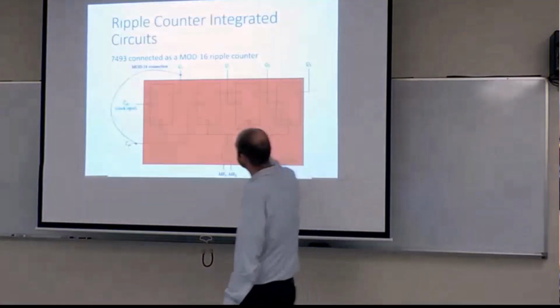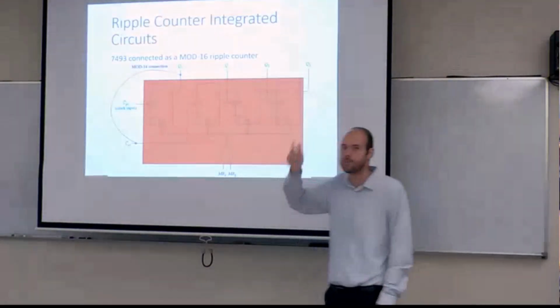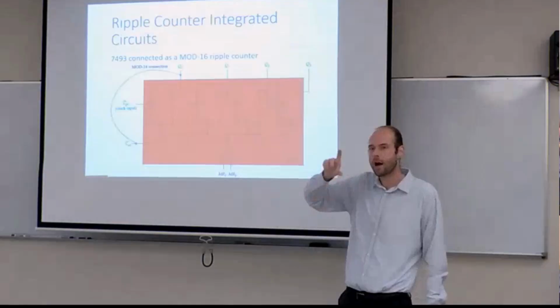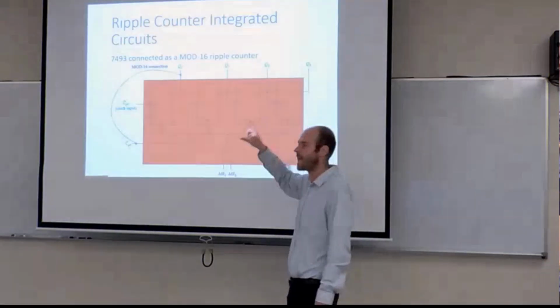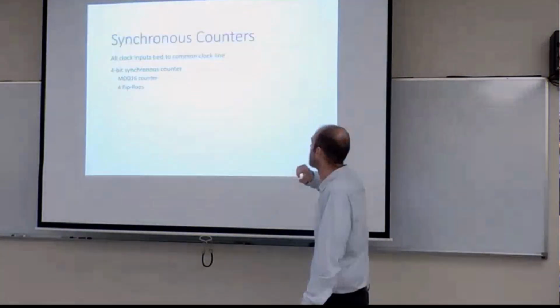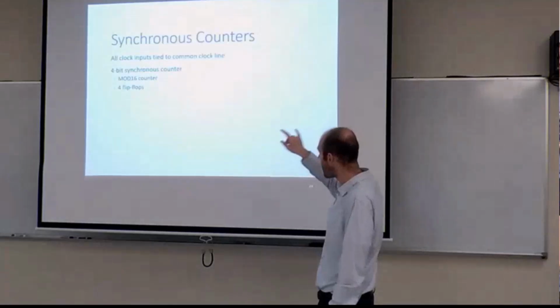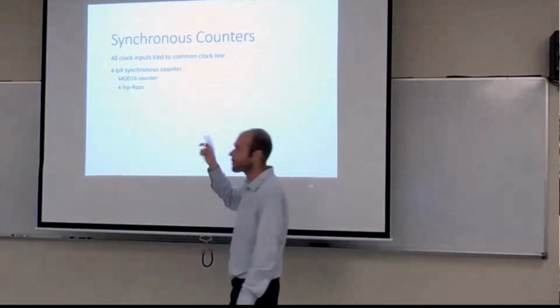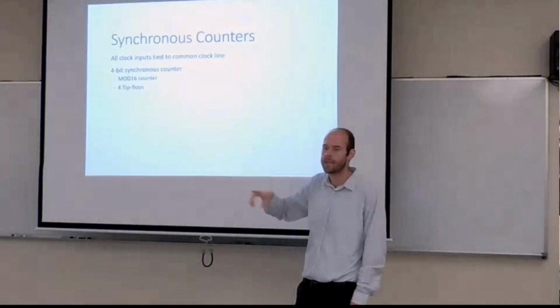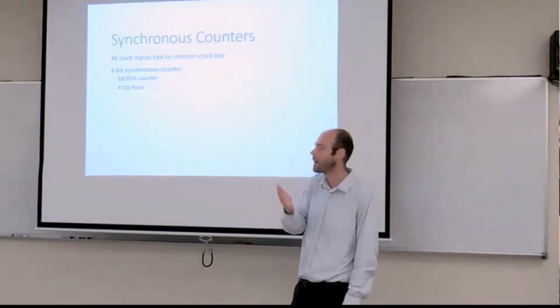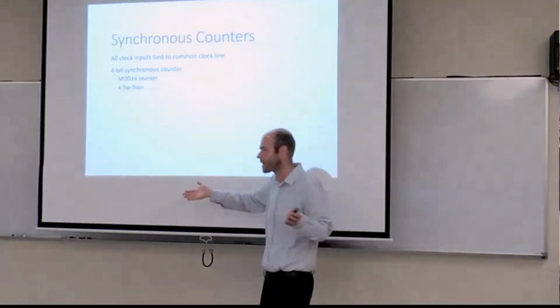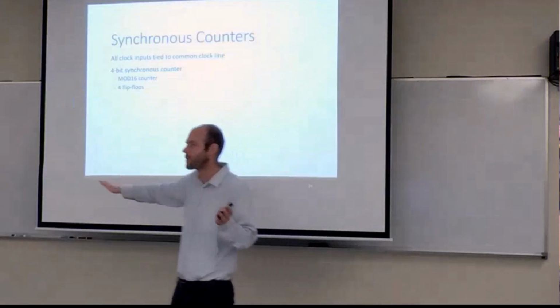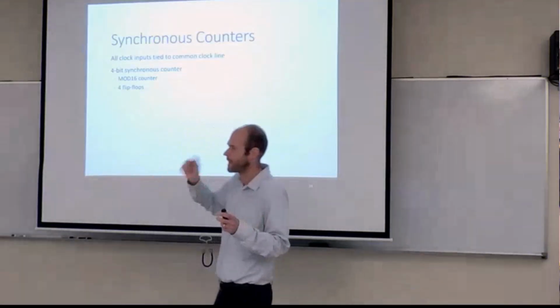So all of that previous discussion was on the idea of ripple counters, the prior JK flip-flop triggering the next JK flip-flop. What we want to talk about next is a synchronous counter. We mentioned previously, ripple counters are limited in how fast they can go because the Q state has to ripple through the whole thing before the clock signal changes it again.